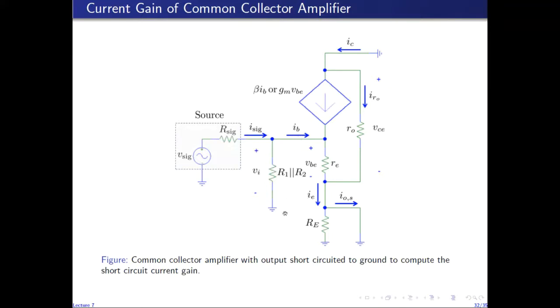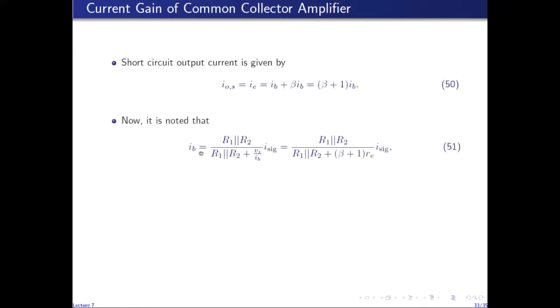So the current through this resistance looking into the base, which is IB, is given by the current division of ISIG. So small IB is R1 in parallel with R2 over R1 in parallel with R2 plus the resistance seen looking into the base, which is VI over IB, times ISIG. So this factor comes from the current division of ISIG between this resistance and this resistance.